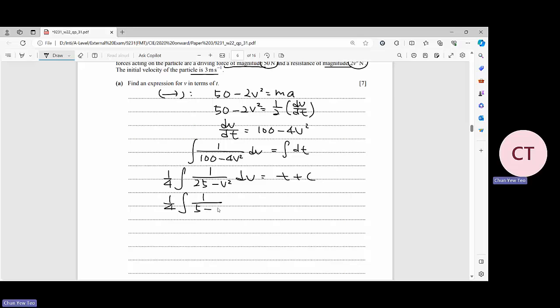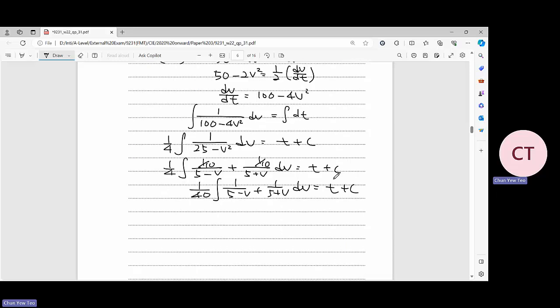I have 5 minus v, 5 plus v. But if I have it like this, then it cannot become a 1. In order to get a 1, you must divide by 10. So this one is 1 over 10, and this one is 1 over 10. Factorize the 1 over 10 out, you get 1 over 40 of 1 over 5 minus v plus 1 over 5 plus v.